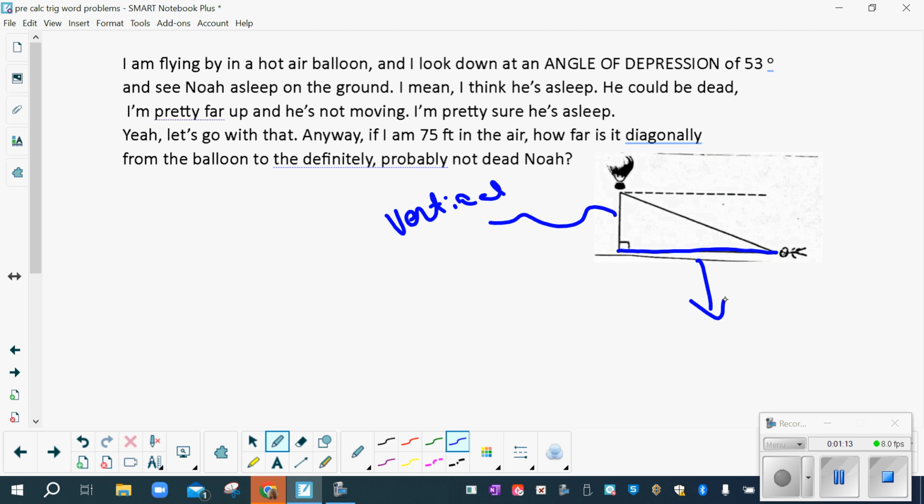It's the one that normally goes along the ground, right? If I want to know the exact distance, like if I was throwing a ninja star at Noah, I want to know that diagonal distance, right? That's the diagonal distance. These are the first few things we need to know.